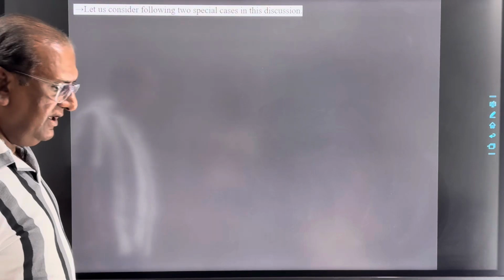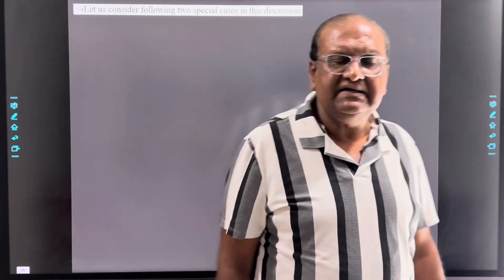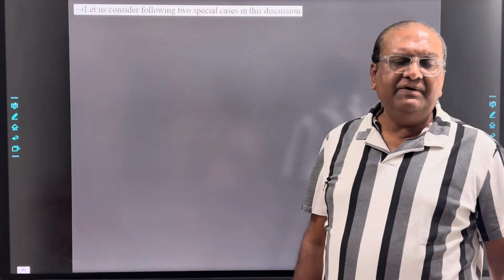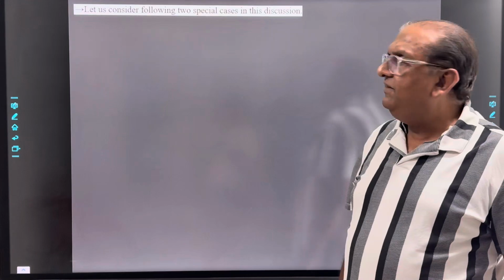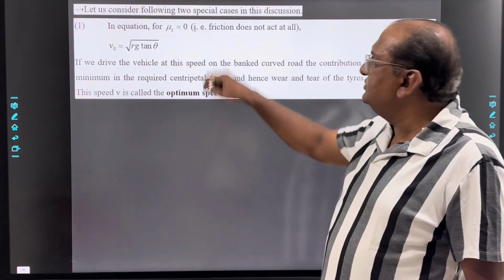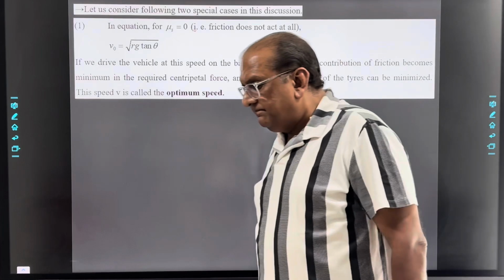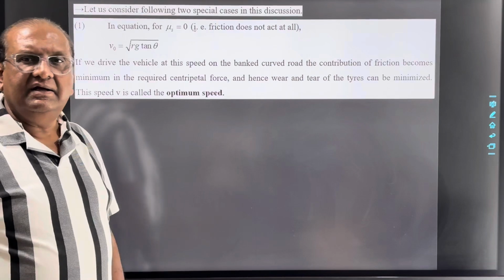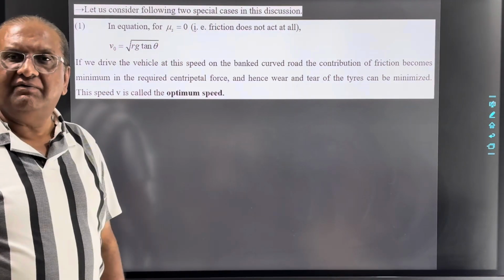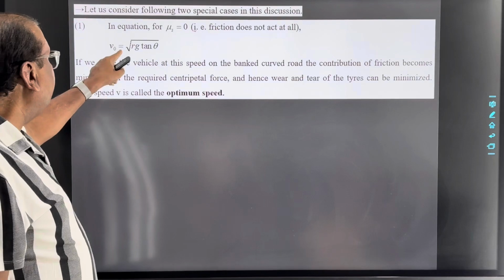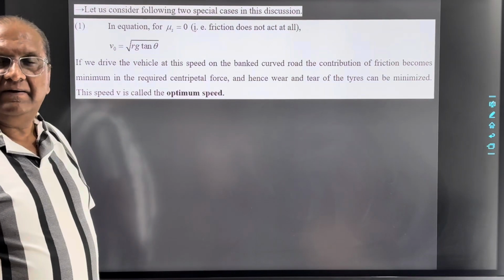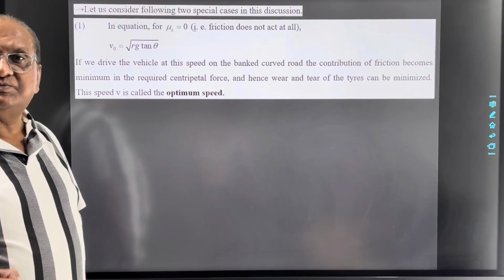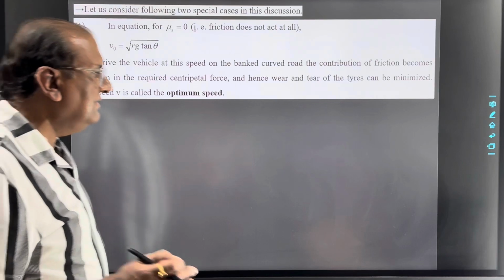Let us consider the following two special cases in this discussion, right? Suppose in the equation of V maximum that we previously derived, we take mu s equal to 0. It implies that the friction does not act, or we can say the friction is minimized. So if we take mu s equal to 0, our equation turns to V equal to under root Rg tan theta. This is denoted as V0. This particular speed is known as optimum speed.